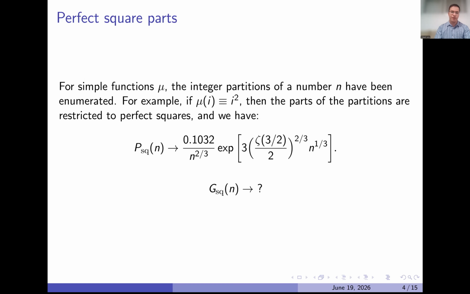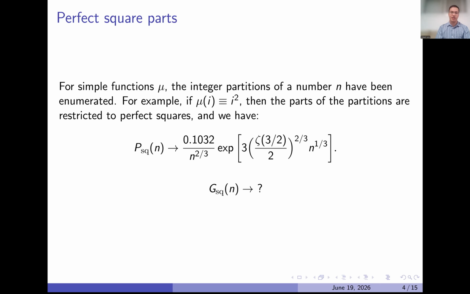Okay, so for most of the restrictions that can be placed on the parts, that is for most functions mu, the number of integer partitions of a number n have actually been enumerated. Here is an example of the asymptotic expression for the number of integer partitions of n that have only perfect square parts.